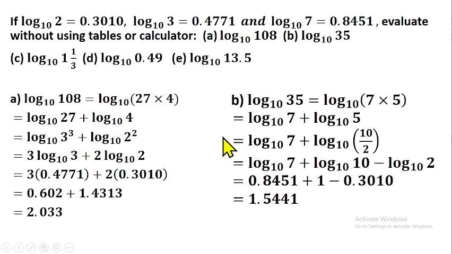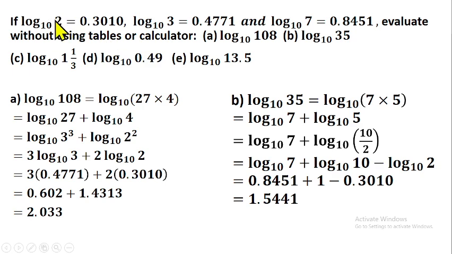Now before we stop this video, there are other parts of logarithm that are related to laws of logarithm, and that is the logarithm we are seeing on the screen right now. I'm giving some predefined values of logarithm to use them to solve other questions without using tables or calculator.